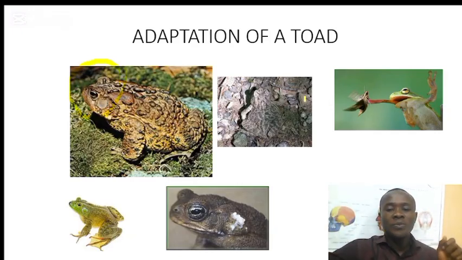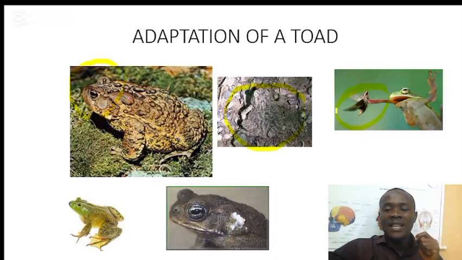Then two, they undergo what we call camouflage. That means they blend their color with the color of the environment. You can see the color of this toad that we have here resembles the environment. This will make it very difficult for predators to identify them.